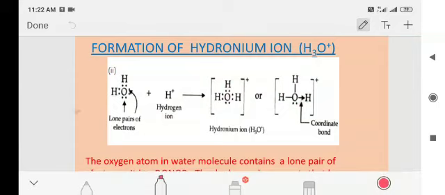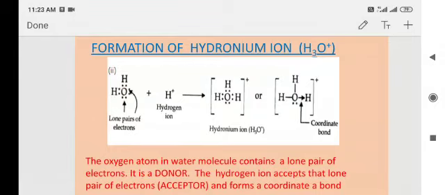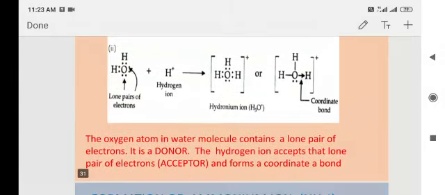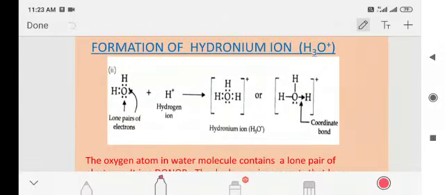Here is the structure of a water molecule. In the water molecule, oxygen is combined with 2 hydrogen atoms by sharing 2 pairs of electrons. 2 pairs of electrons are shared, and you will find lone pairs also here. A lone pair means an unshared pair of electrons.